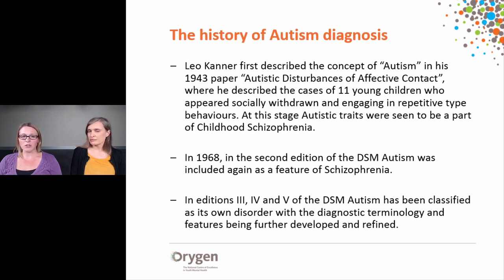At this stage, autistic traits were seen to be a part of childhood schizophrenia, so it wasn't differentiated at that stage. 25 years later, in 1968, the second edition of the DSM came out, and autism was included again as a feature of schizophrenia. And then in editions 3, 4 and 5, what we have currently, autism has been classified as its own disorder. And you will see if you look back through the different versions of the DSM that the diagnostic terminology and features have been further developed and refined based on the research evidence, like other mental health conditions.